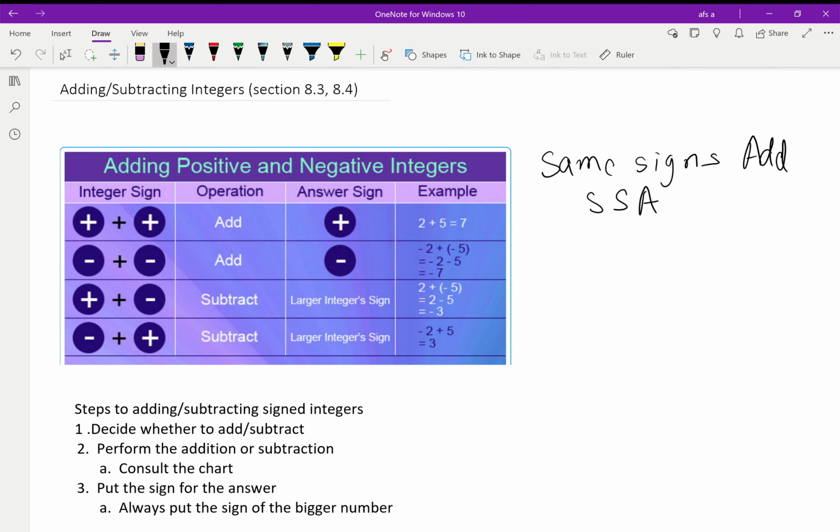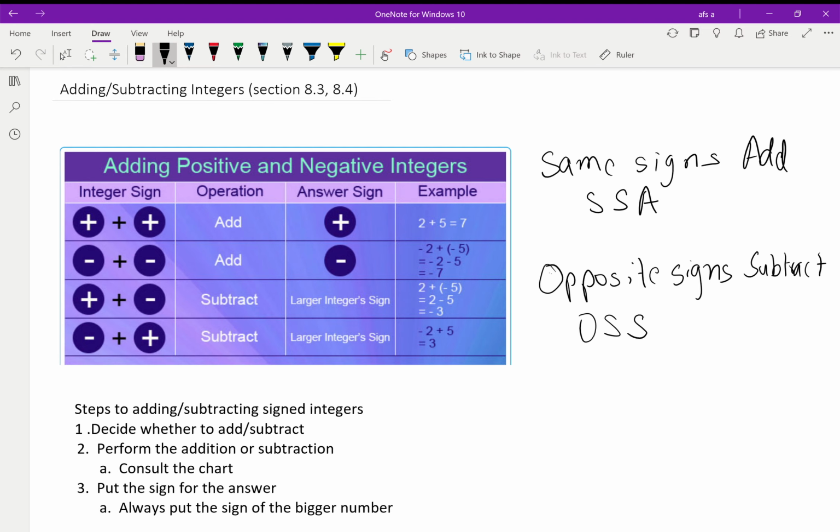Same goes true if I have a negative and a positive. I'm going to explain that with numbers so that it makes more sense. The way I remember this is opposite signs subtract. So if you have two opposite signs, you're going to go ahead and subtract them, and the acronym for that is OSS.